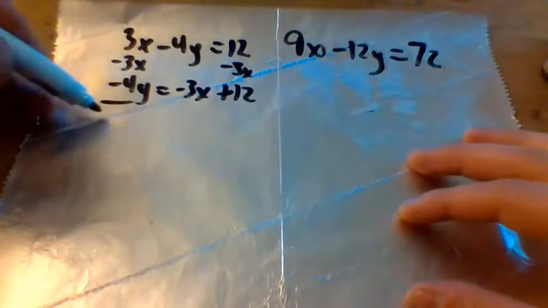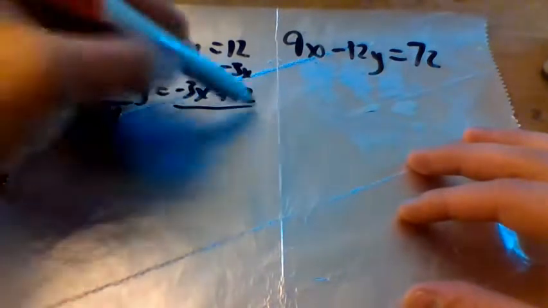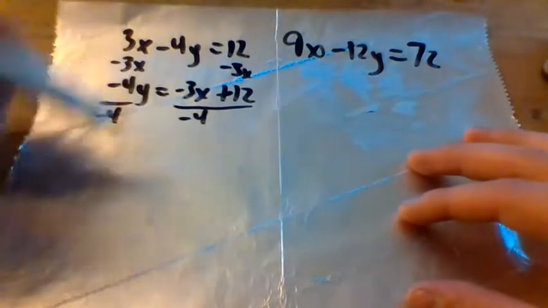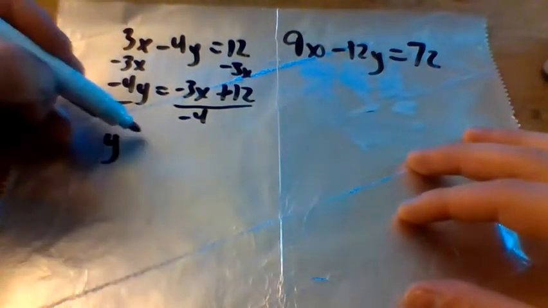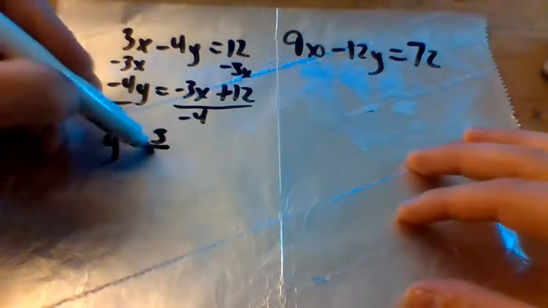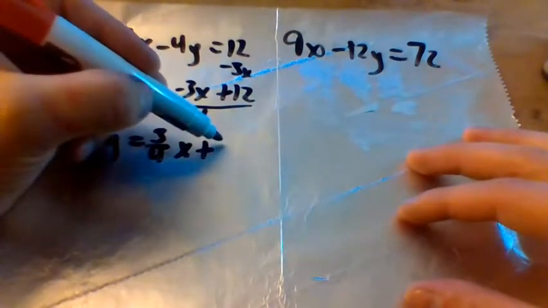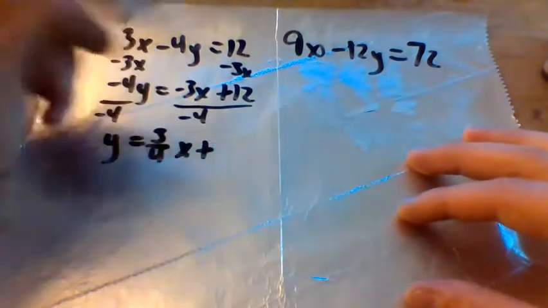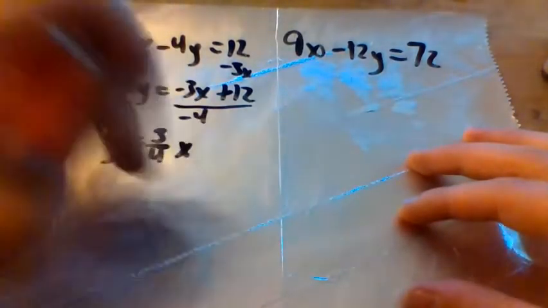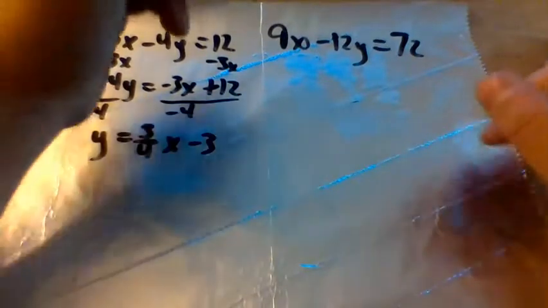And then you're going to divide by negative 4. And then that's going to come up to y equals 3/4 x minus 3.